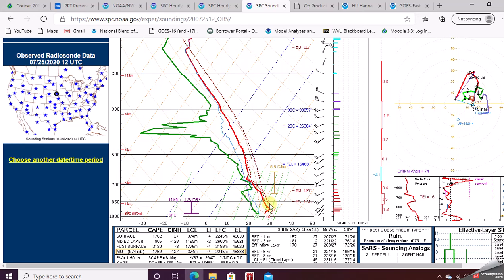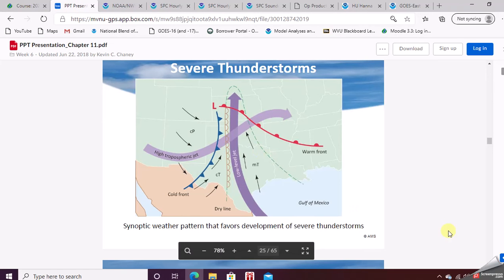So that air, warm, nice, moist air parcel that was lifted from down here near the ground has a much warmer temperature than its surrounding. So it's going to accelerate upwards. You combine that with the wind shear and you get a tremendous updraft, maybe over 100 to 150 mile an hour sometimes. So that's how these tornadoes get developed in these kind of a system.